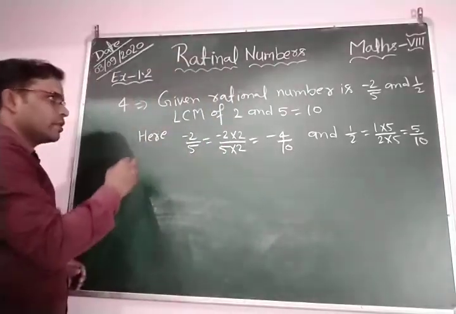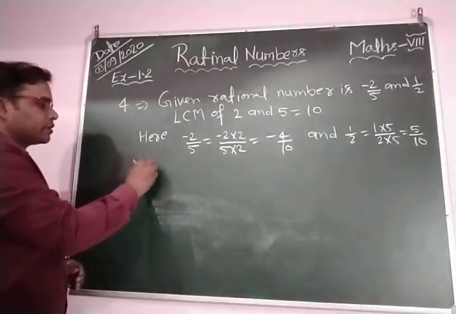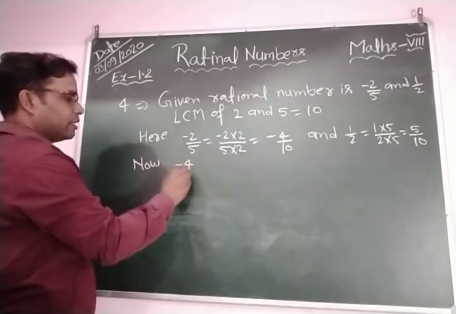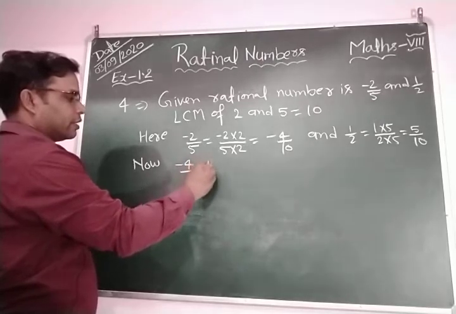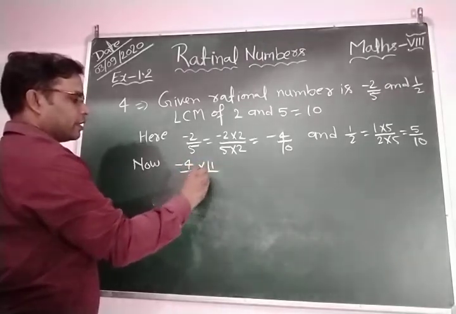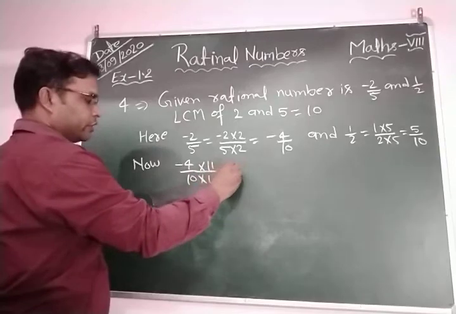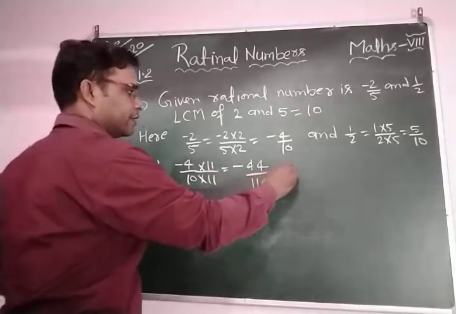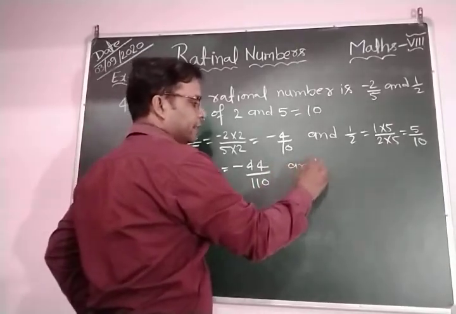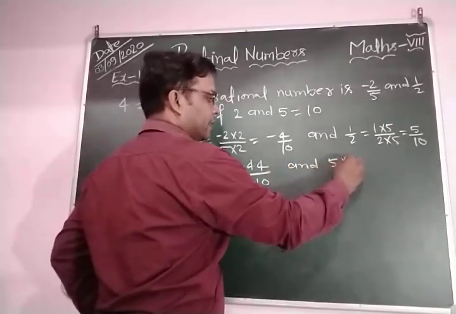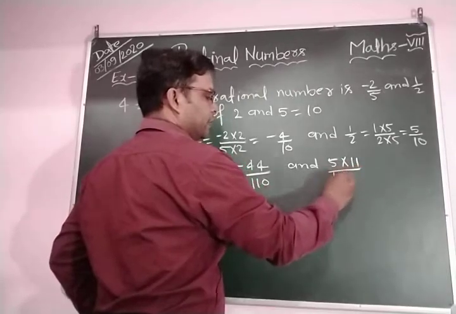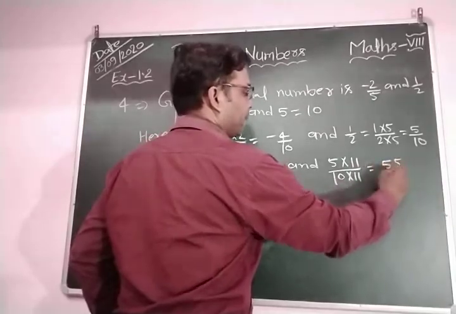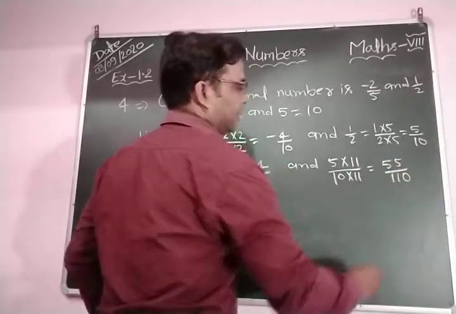So now we multiply 11 into 11 in both rational numbers. This is equal to minus 44 by 110, and in this fraction 5 by 10 we multiply the numerator and denominator by 11, then we obtain 55 by 110.